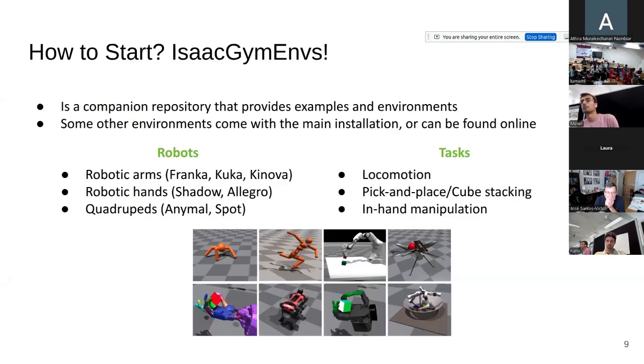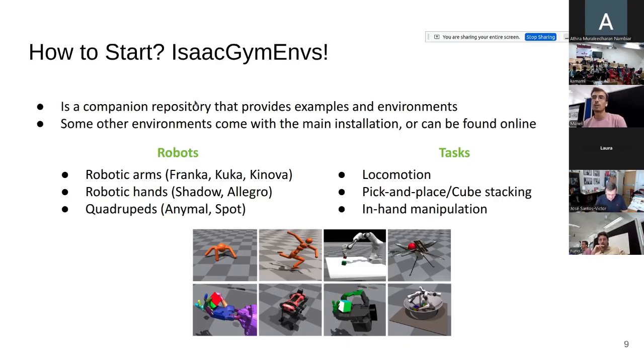But yeah, so you might be wondering then how you start, because it seems nice. You want to try, and it's actually pretty simple. So of course you need to have one GPU, but it doesn't have to be a very good one. Even if it's a few years old, you can still use it. And then there is this repository which is called Isaac Gym Envs, which is a companion to Isaac Gym.